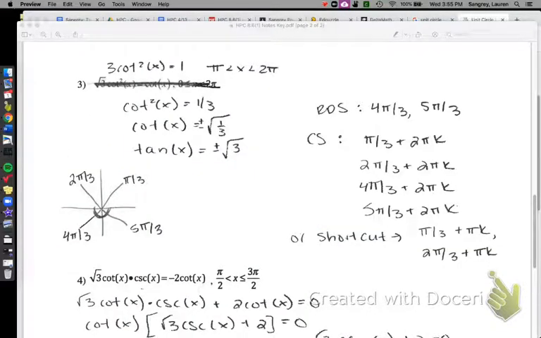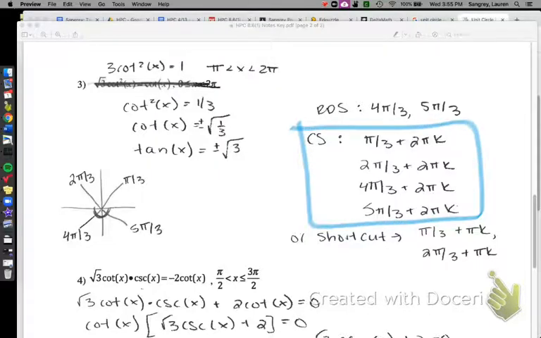Now, number 3 is a really good one to look at. So without any restrictions, our x values, we had 4 of them. Now, here is one way to represent your complete solution. You have each of your x values plus 2 pi k. Not technically wrong, but there is an efficient shortcut that we can use because pi over 3 and 4 pi over 3 are diagonally across from each other on the unit circle.